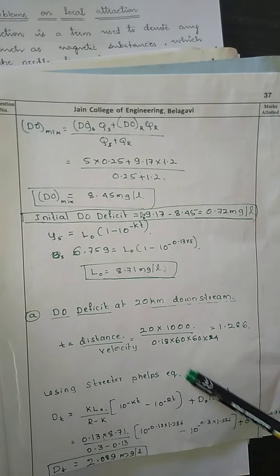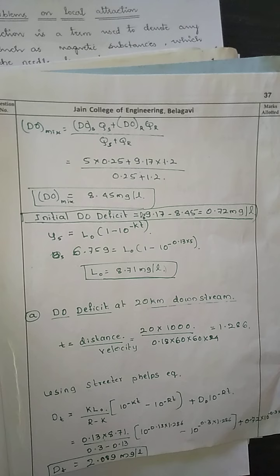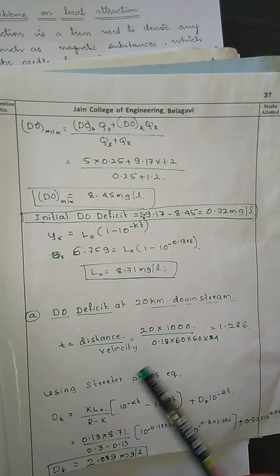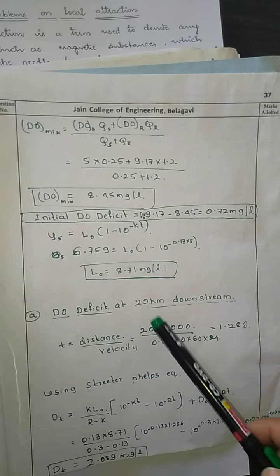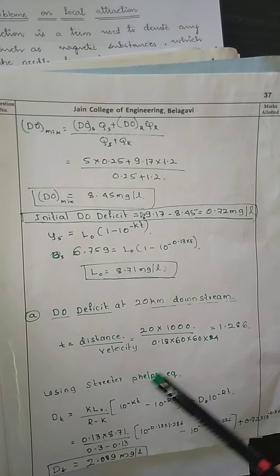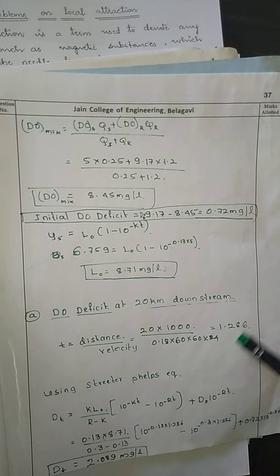Then we need to find the DO deficit at the 20 kilometer distance. In order to do that, first we need to find how much time it takes to reach the 20 kilometer distance. Then we can find the DO deficit after that many days. The time required to reach 20 kilometers is 20 into 1000, because we have converted kilometers into meters, divided by the velocity, which is given in meters. We convert it into per day: 0.18 into 60 into 24.